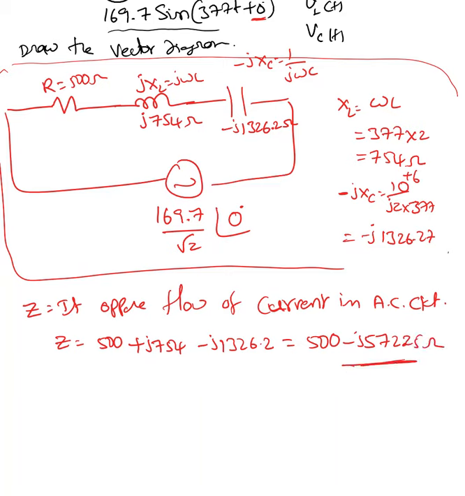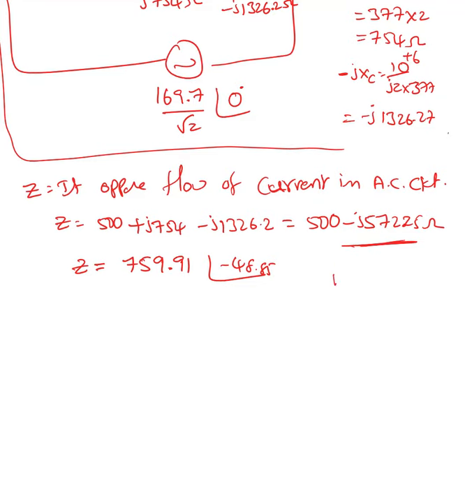Remember, this is in rectangular format. We need to convert that into polar format. When I convert this into polar format, that value is 759.91 at an angle of minus 48.85. Most calculators should be able to do it. I'm going to do it one more time.